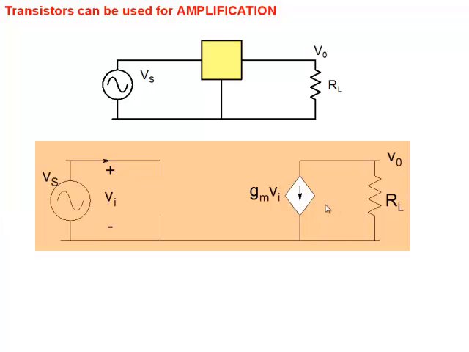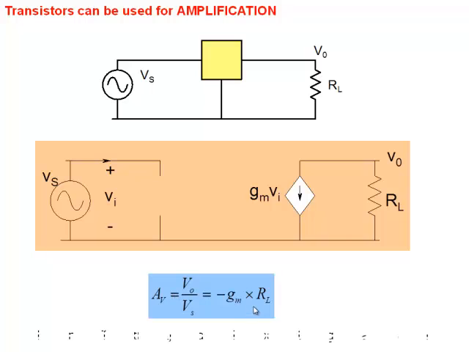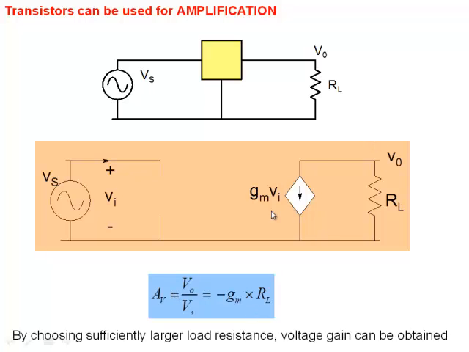So I put the circuit together, and very easy to see that the voltage gain V0 will be nothing but GMVi times RL with a negative sign, and Vi is nothing but Vs. So the voltage gain, output voltage versus input voltage, is minus GMRL, and it's easy to see that whatever GM I have been given, I can always find an RL such that GMRL becomes larger than 1, and therefore I can amplify. So you can clearly see that if I had a device like this kind, then simply by connecting RL and a source, I can easily amplify.